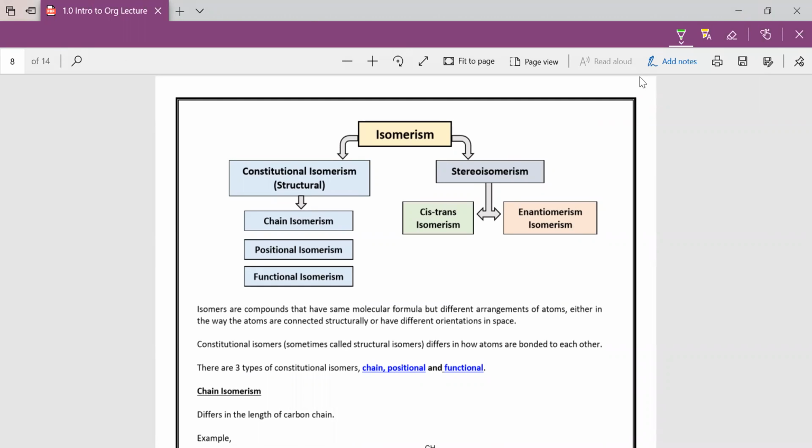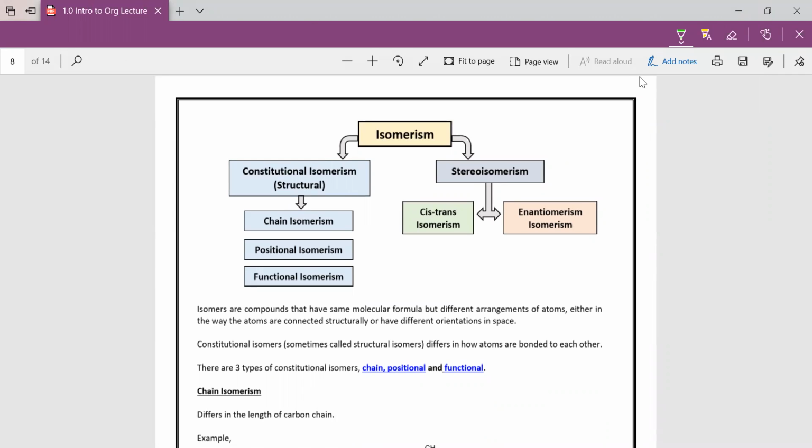Isomerism basically breaks down into two main types. The first type is how the atoms are actually bonded to each other. And the second type is how you get isomers which are arranged differently when viewed in space.